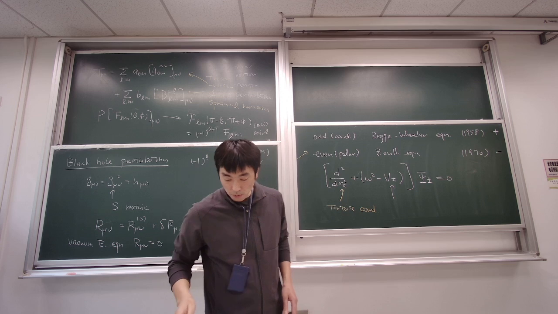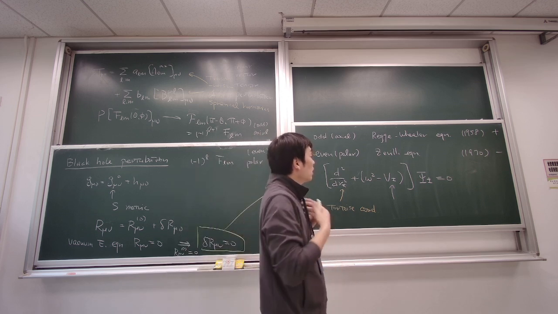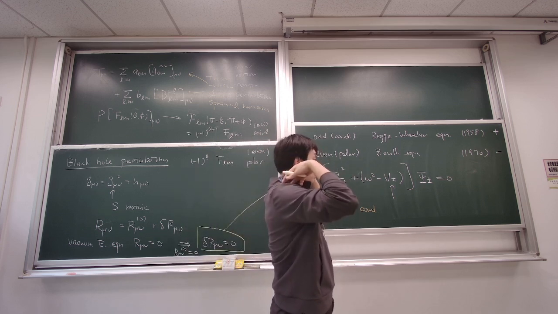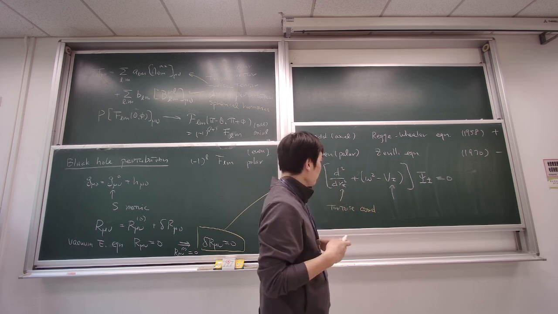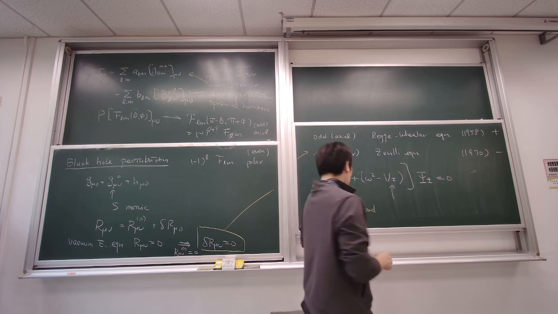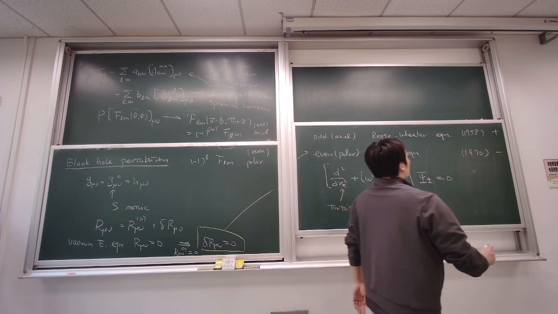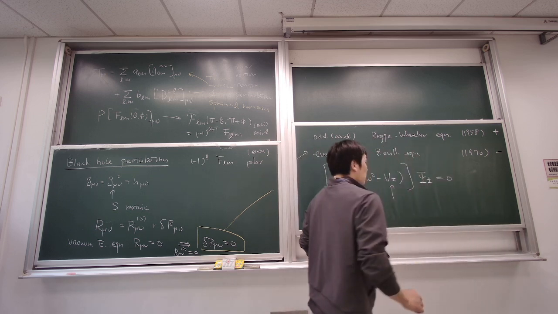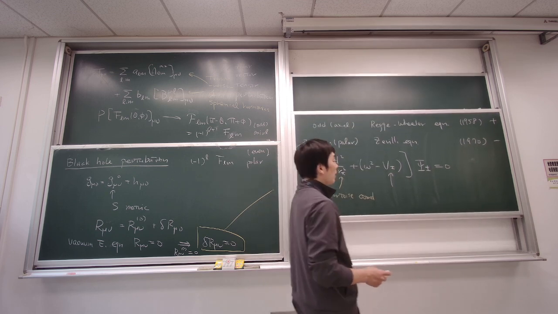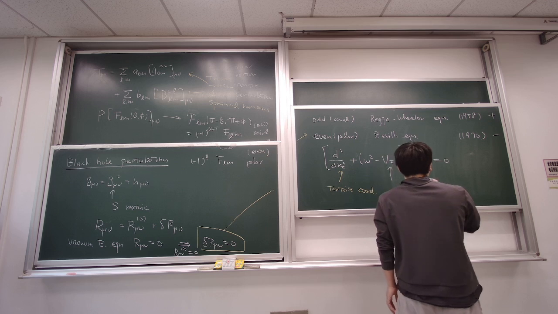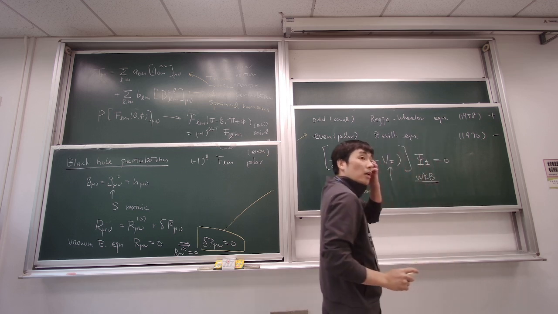It is a very simple form for Regge-Wheeler, but the Zerilli equation is somewhat complicated. I will write it down later. The important thing is that we can solve this equation analytically by WKB approximation.